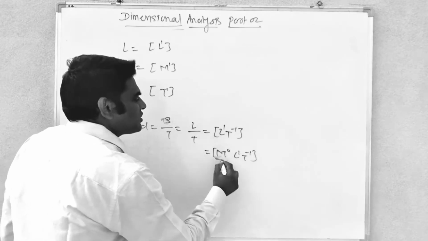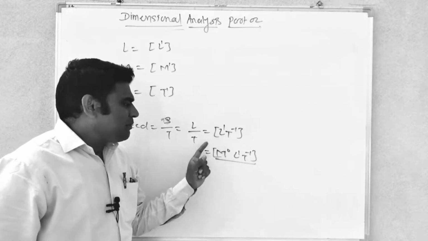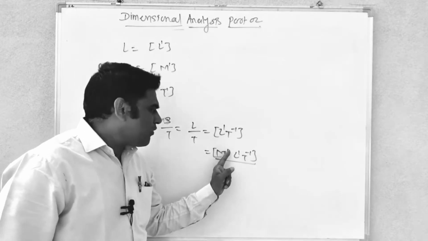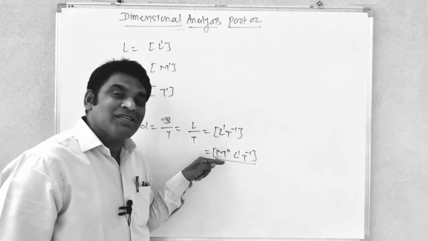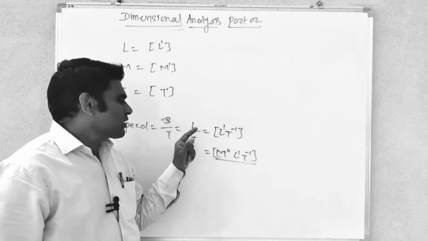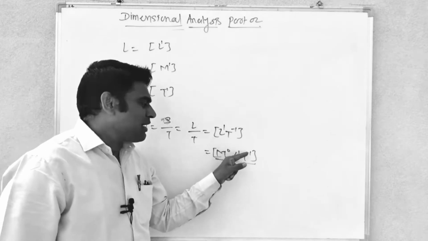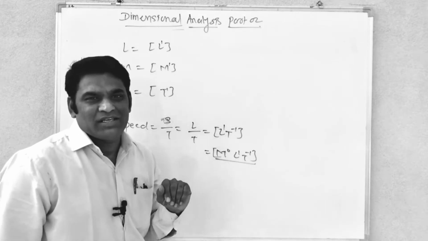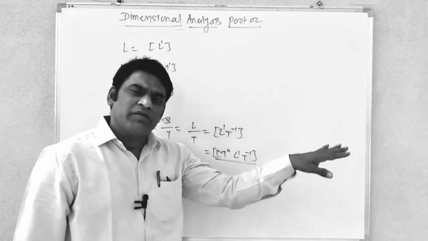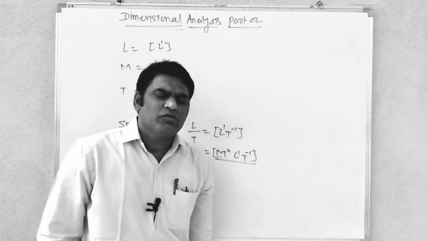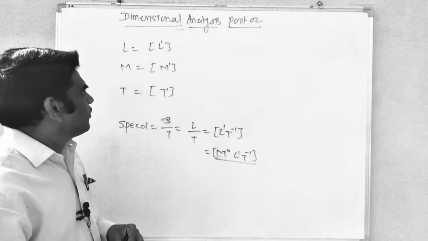This is the dimensional formula for speed. Dimension means the powers of these. The dimension of speed is 0 in terms of mass, 1 in terms of length, and minus 1 in terms of time. We learned this concept in the previous video and derived the dimensions of many physical quantities, so you watch that video.